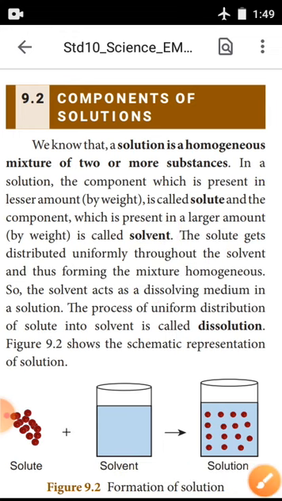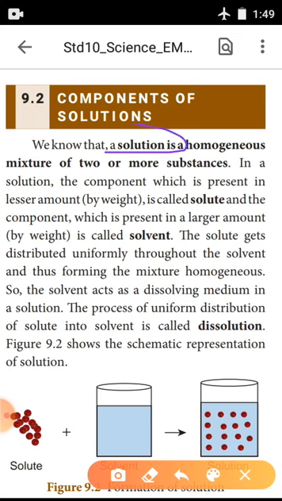So, from this paragraph, we have three 2-mark questions. One is solution. What is a solution? It is a homogeneous mixture of two or more substances. That is a solution. Then what is solute? The component which is present in lesser amount by weight is called solute. What are the examples of solute?